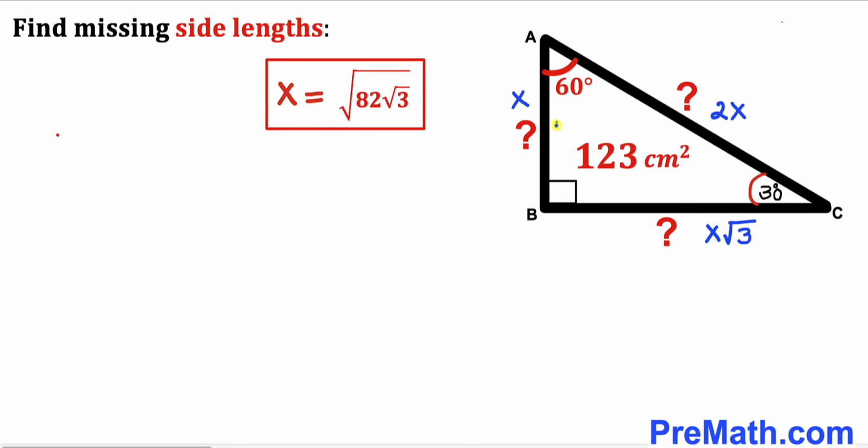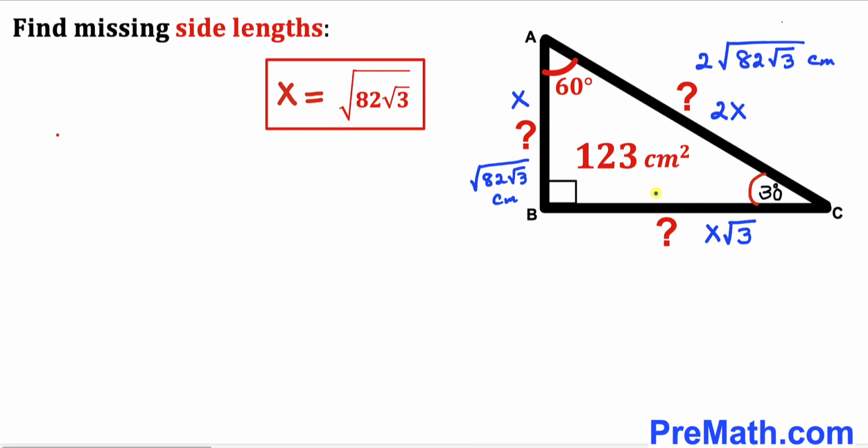In other words, this leg has got to be the square root of 82 times the square root of 3 centimeter. And since this hypotenuse is 2 times x, the hypotenuse is going to be 2 times the square root of 82 times the square root of 3 centimeter.